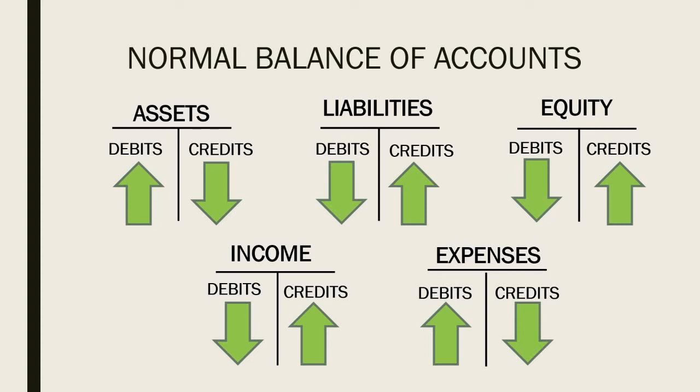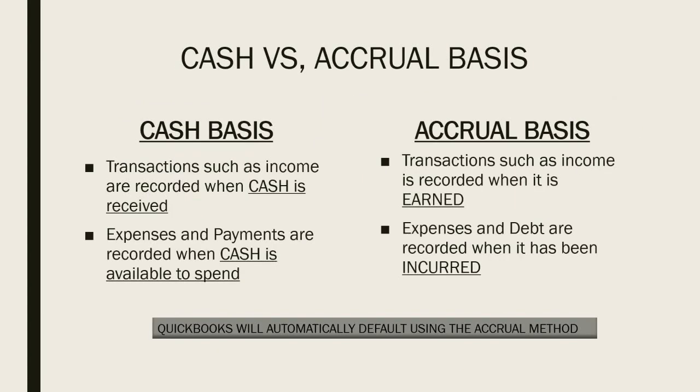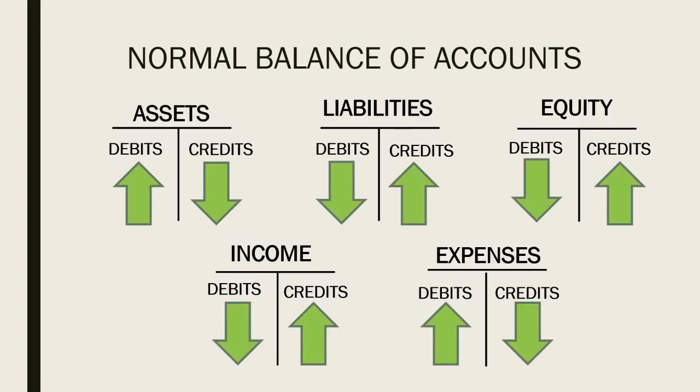So confusing as it is, this is something you're not going to be dealing with at all. QuickBooks actually does it for you 100%. Okay? All right? So, any questions about how the flow of a transaction works?